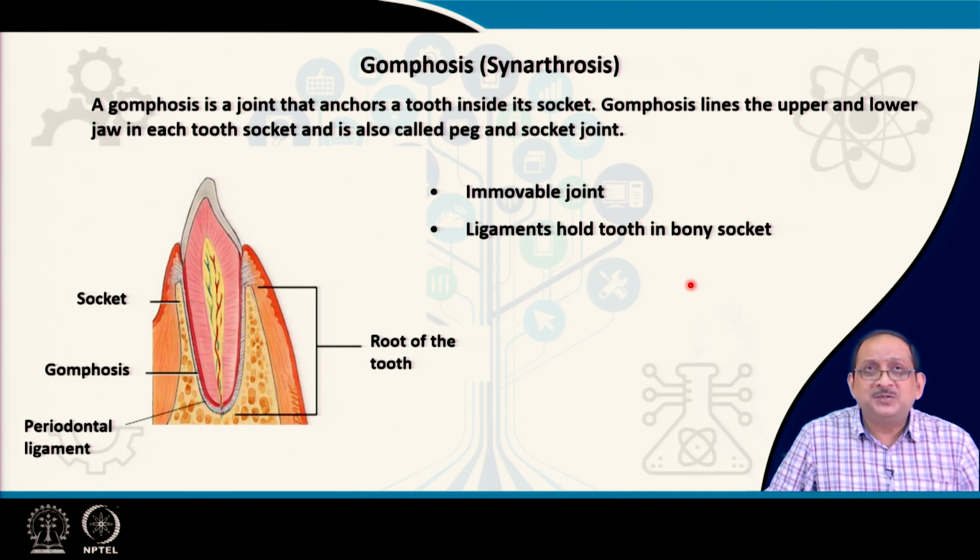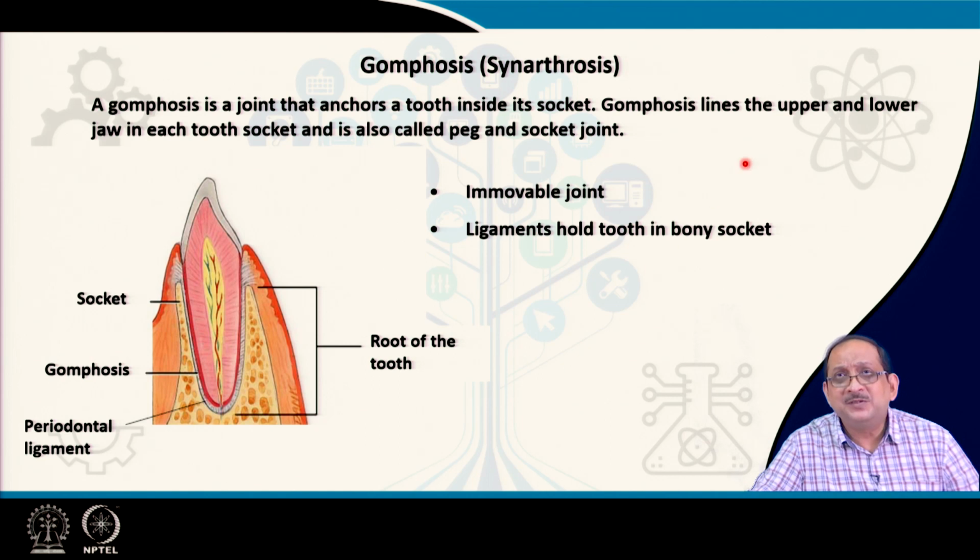Now, gomphosis is a joint that anchors a tooth inside its socket. The gomphosis lines the upper and lower jaw in each tooth socket and is also called the peg and socket joint.